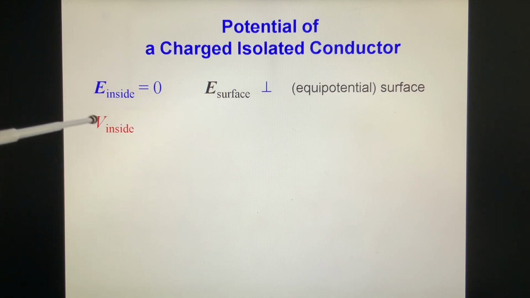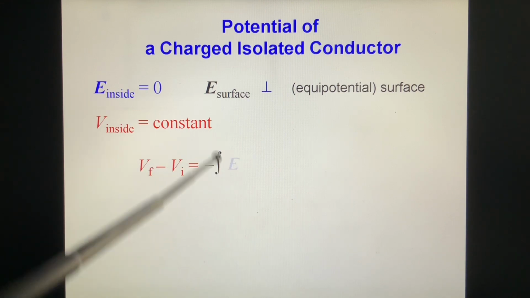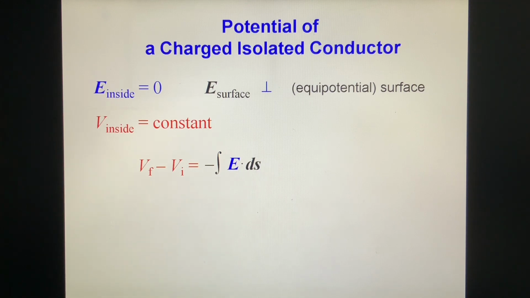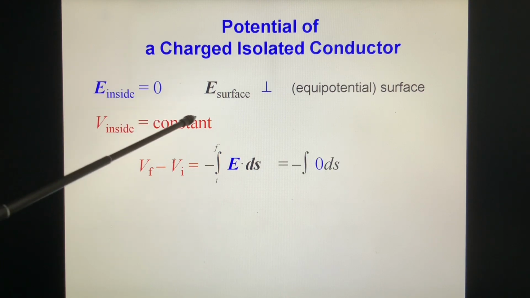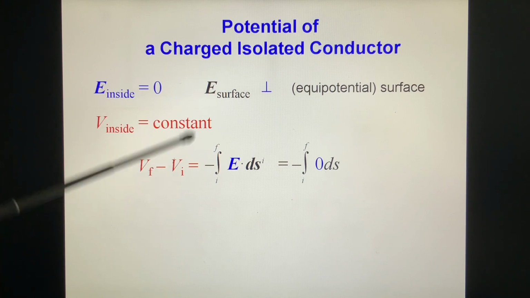V inside is a constant. Why? V final minus V initial equals minus the integral of E dot ds. E inside is 0, so this is 0. That means V final equals Vi, so the potential is constant anywhere.